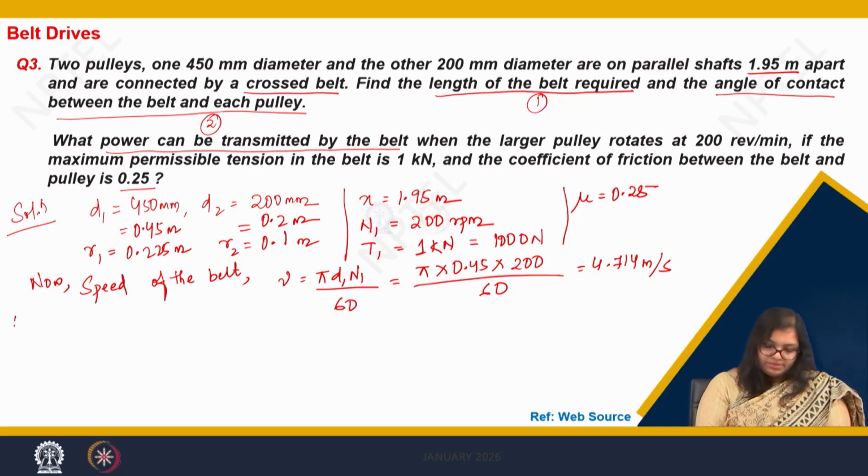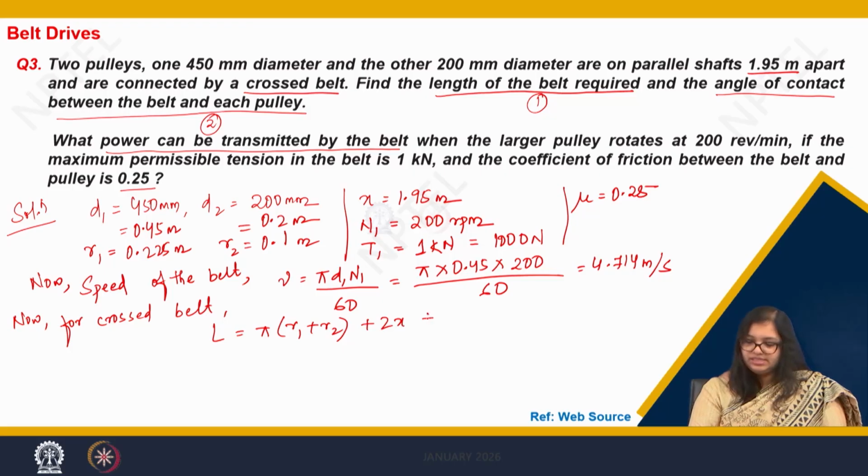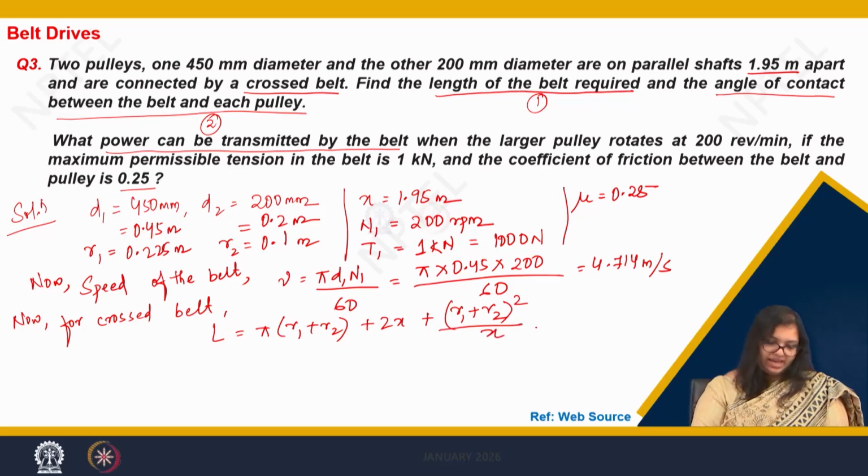Now, for a crossed belt, we know L is equal to pi (R1 plus R2) plus 2x plus (R1 plus R2) square by x.